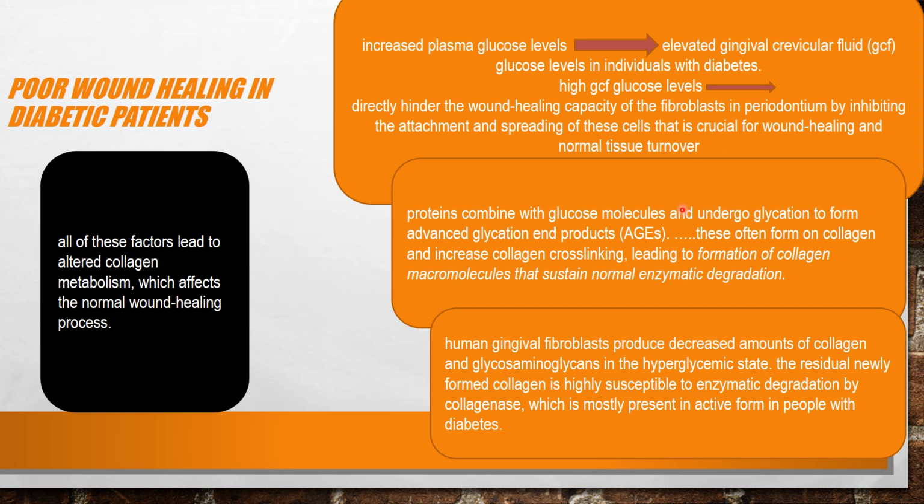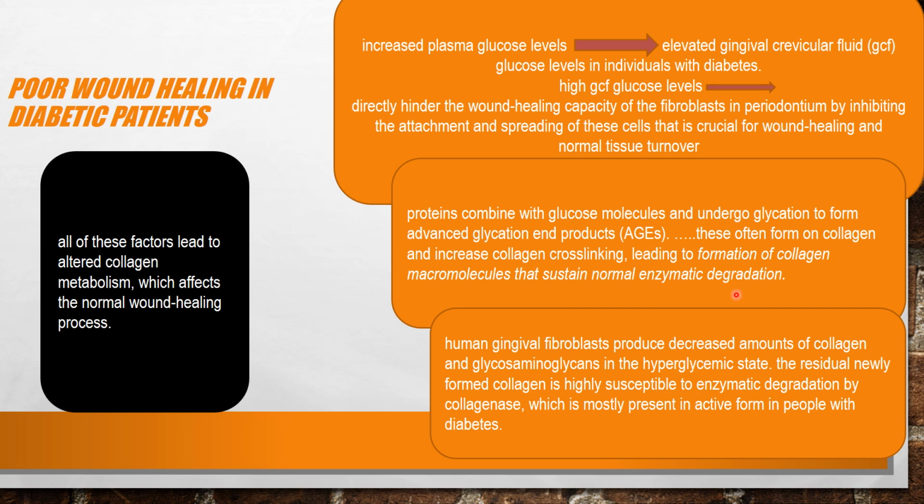Coming to the next, the production of advanced glycation end products. As we said, proteins undergo non-enzymatic glycosylation and form AGEs. This forms collagen cross-linking, leading to collagen macromolecules that resist normal enzymatic degradation. That is, normal turnover or renewal of collagen will not take place. That is the second factor.